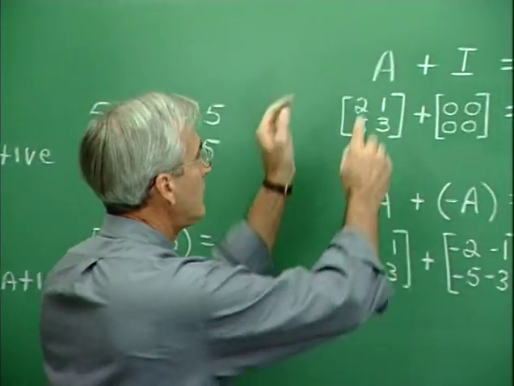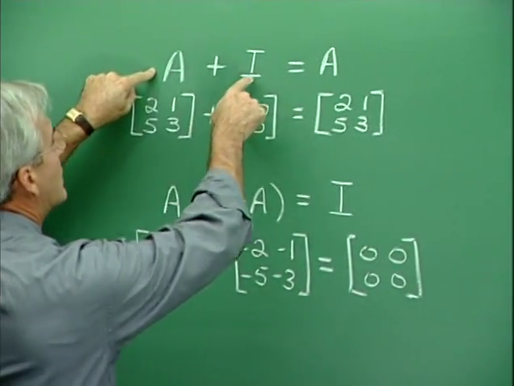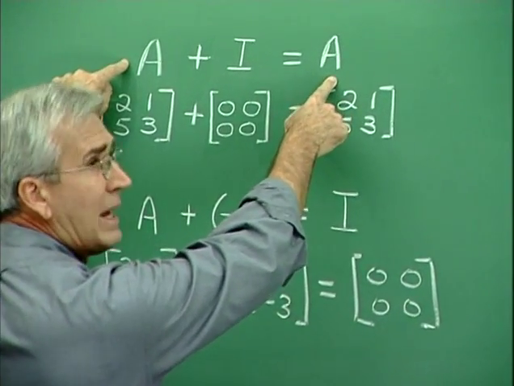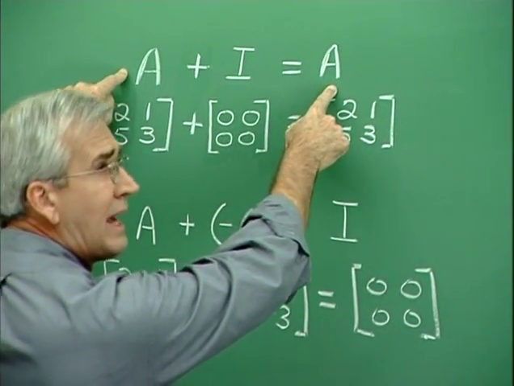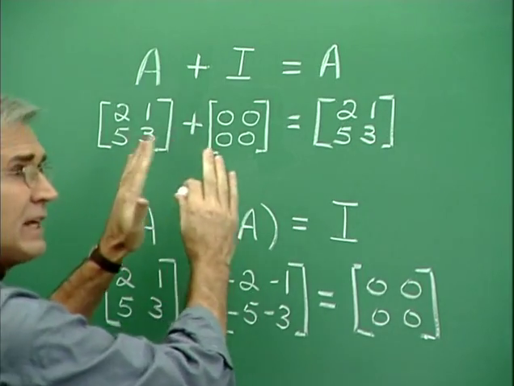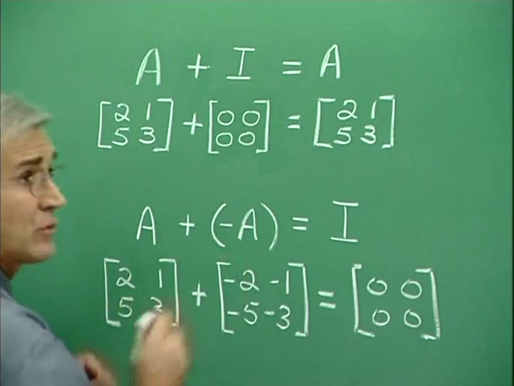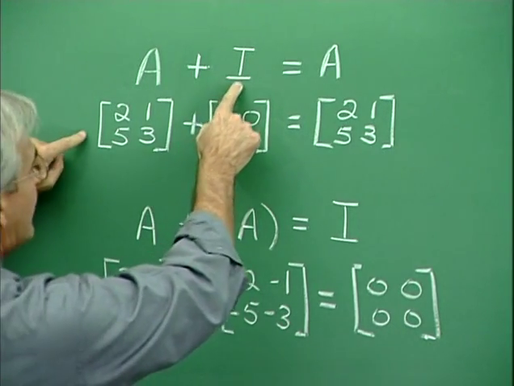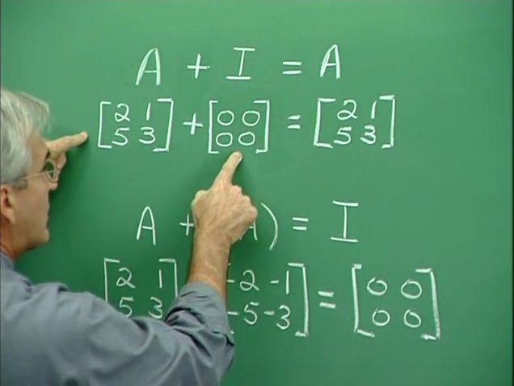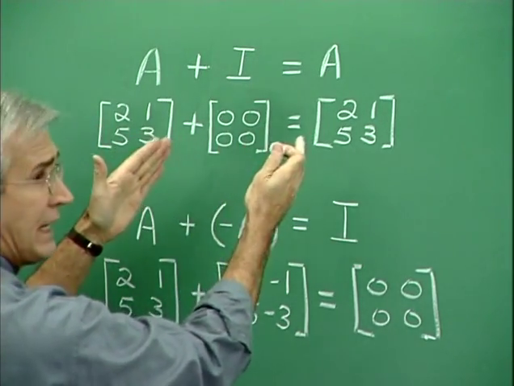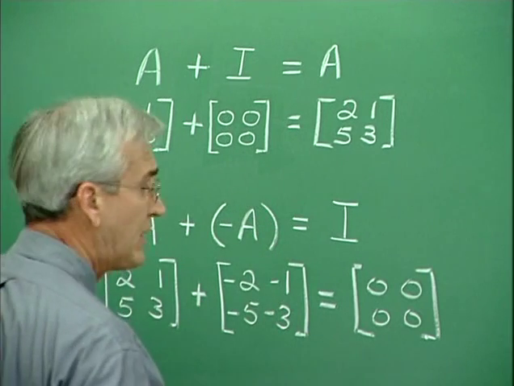Consider matrix A plus an identity matrix giving us the matrix A. So the idea of an additive identity element, maintaining the identity of the matrix we started with. Well, the additive identity matrix would be a matrix consisting of just zeros, because when we add these two, we add corresponding entries and we get the matrix we started with.